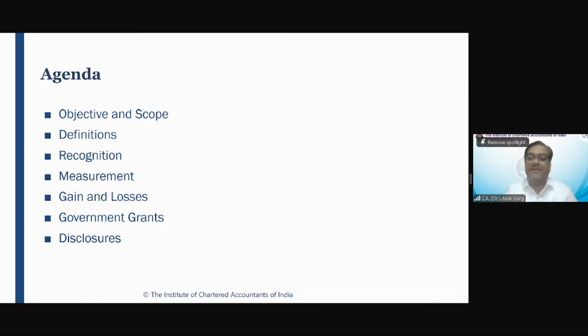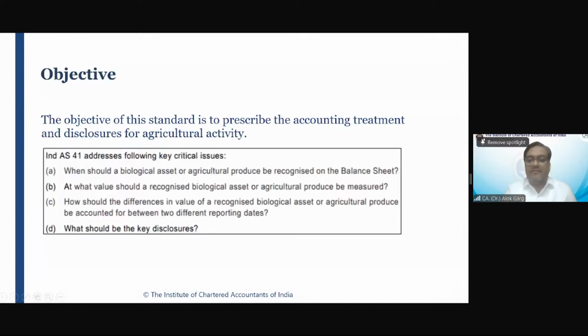While we have a separate standard on government grants in Ind AS 20, which you have already covered, I believe, this standard has also given some guidance relating to government grants. So we will be covering these three or four items in detail as far as the accounting and practical part is concerned. And then the disclosures are there.